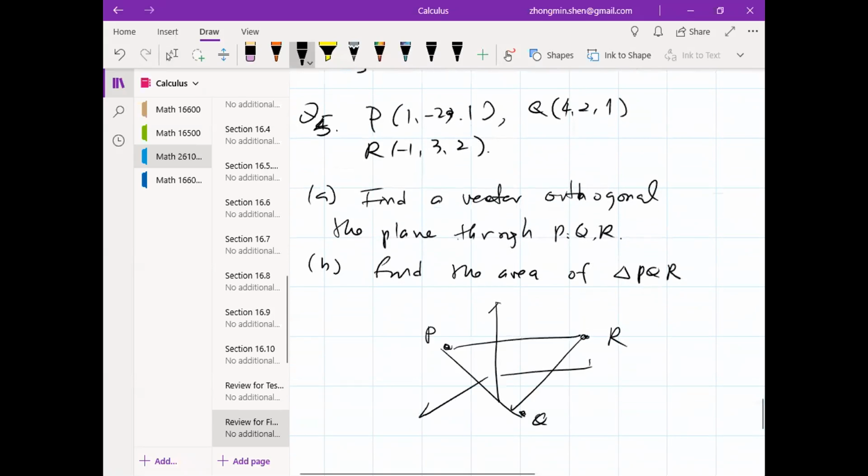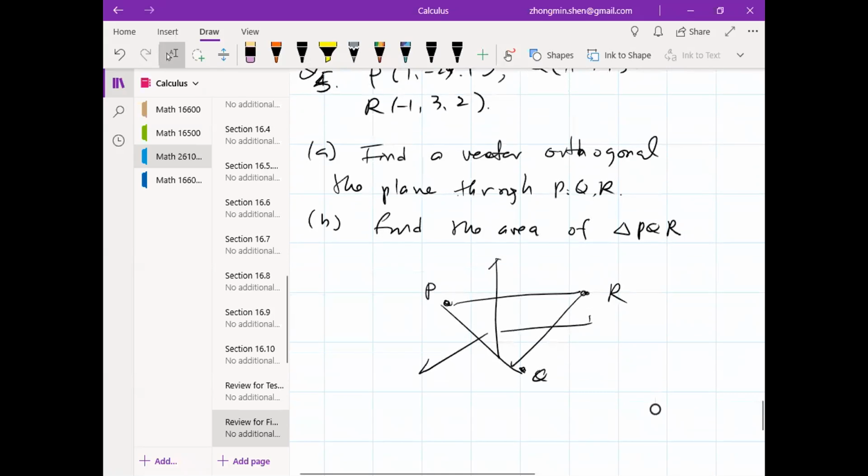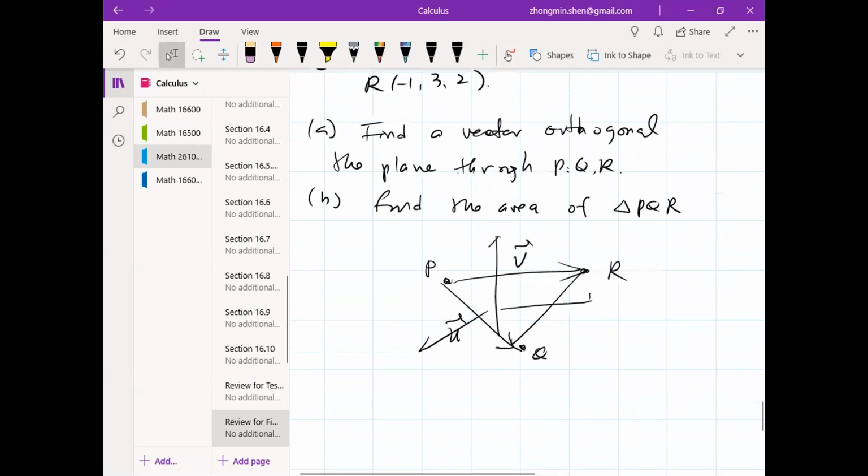So we are going to find a vector orthogonal to the plane. To find a normal vector to the plane, you just need to find 2 vectors. The first vector, let's call it U. Second vector, call it V.